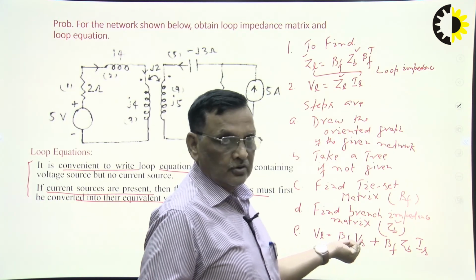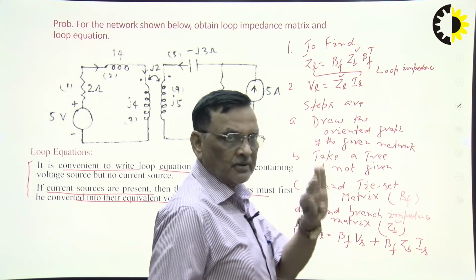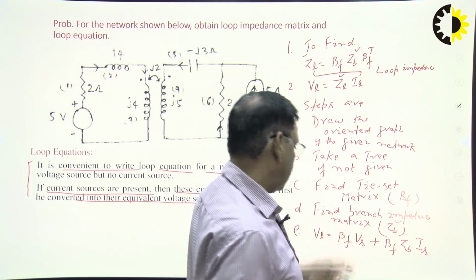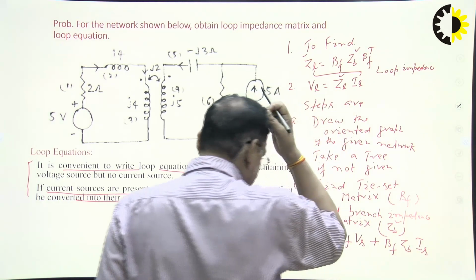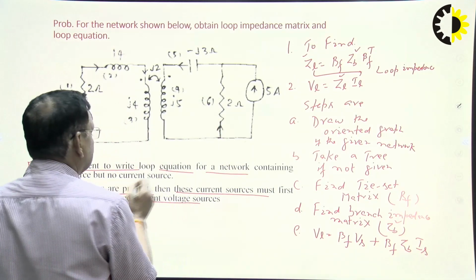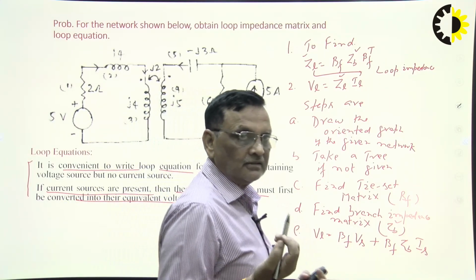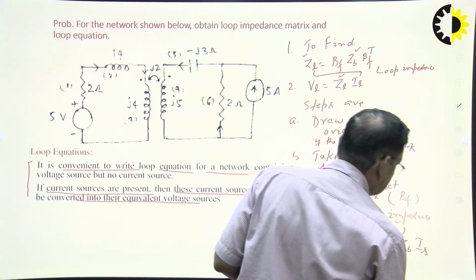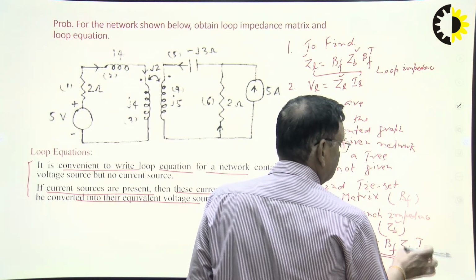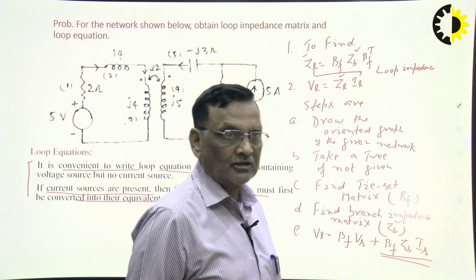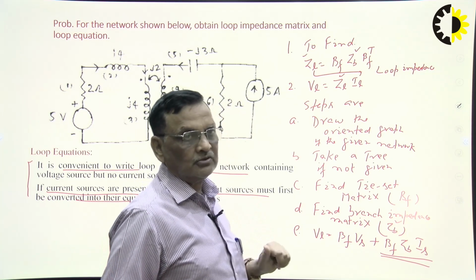The source voltage vector has the number of branches as its number of rows and one column. If current sources are present, they must first be converted into their equivalent voltage sources just to get rid of the BF ZB IS term. If there is no current source, you do not have to do this exercise, and BF ZB IS is equal to 0. So it is better to convert the given current source into its equivalent voltage source.